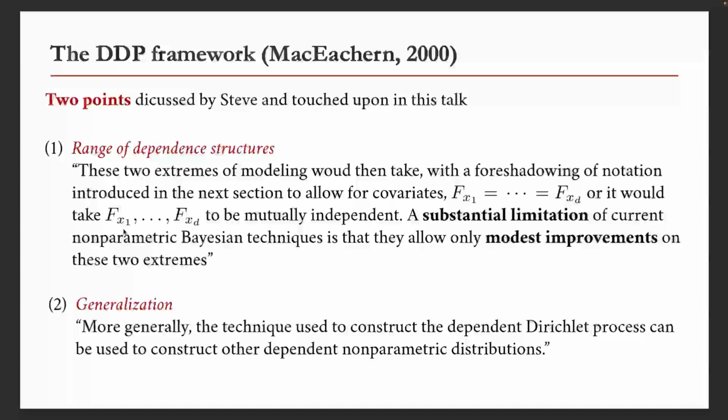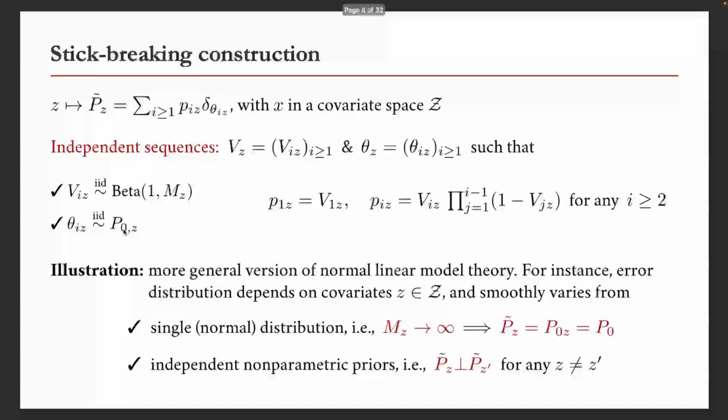At the same time, he also notes that more generally the techniques he used to construct the dependent Dirichlet processes can be used to construct other dependent non-parametric distributions. And my talk will follow closely these two directions that Steve has noted in his paper: generalizations and the range of dependence structures.